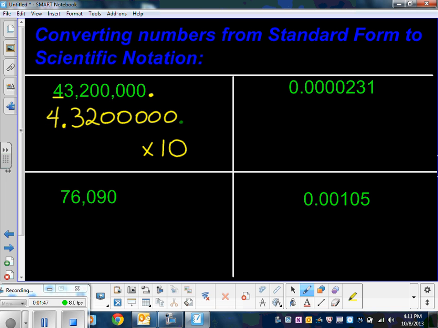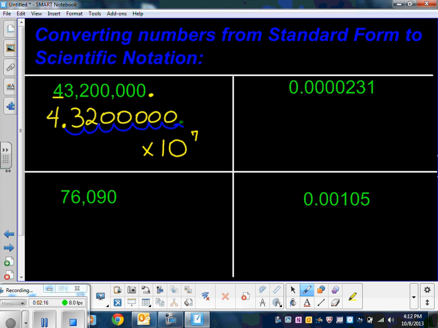In this case, it's once, twice, 3 times, 4 times, 5 times, 6 times, and 7 times. Now, to determine the sign on that exponent, we think about which direction we moved. Since this was in the right direction, we think of our number line. On the number line, numbers to the right are positive. Therefore, our exponent is positive.